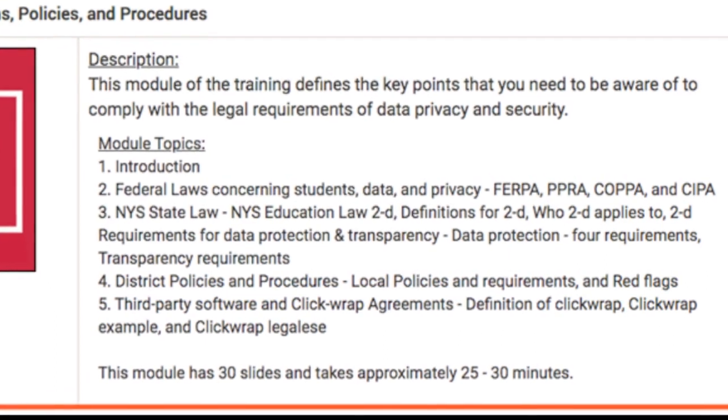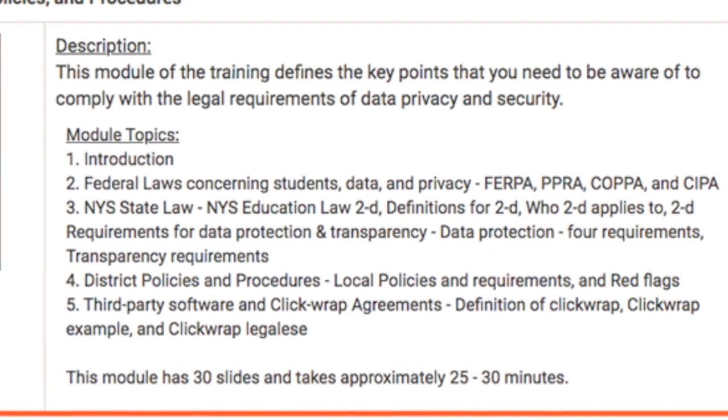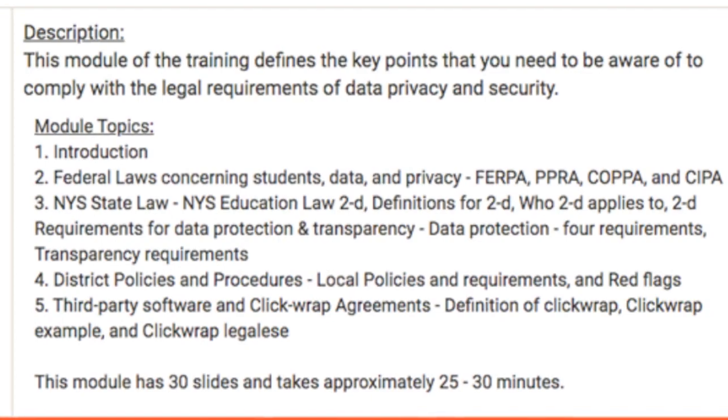In the module, it's going to contain a bunch of the information that we just discussed about Ed Law 2D and best safe practices. All right, so we'll definitely keep an eye out for those emails. Once everyone completes the module, they are set for their Ed Law 2D requirement for the year. They can look forward to the one in the next calendar year.